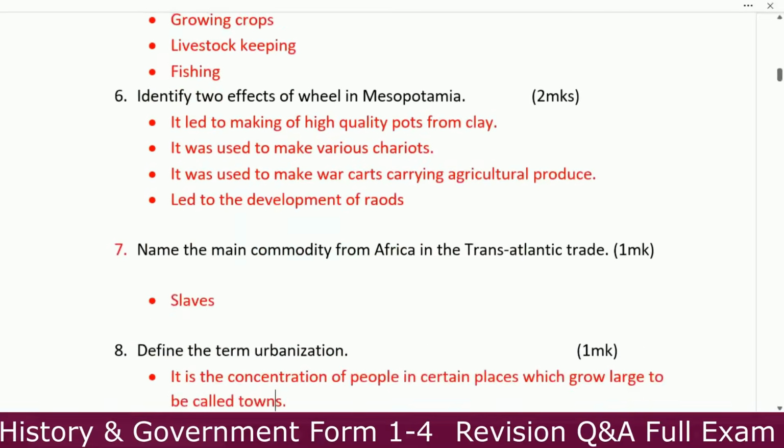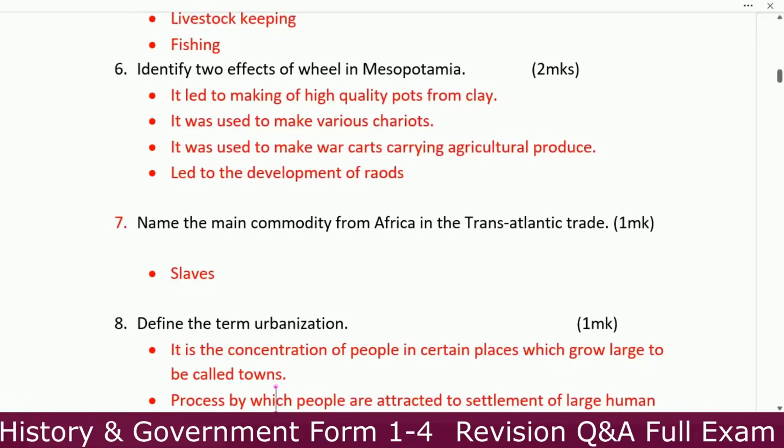Number 6, identify 2 effects of the wheel in Mesopotamia. It led to making of high quality pots from clay.